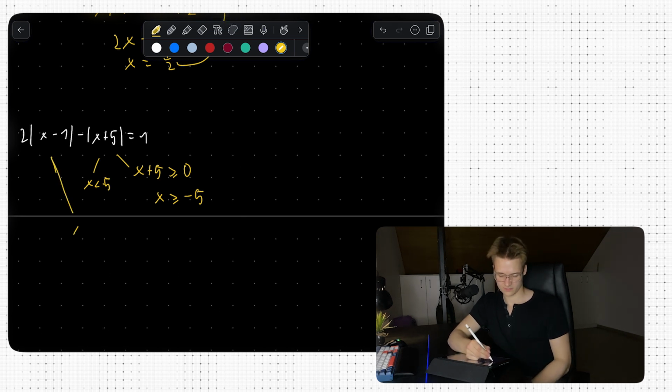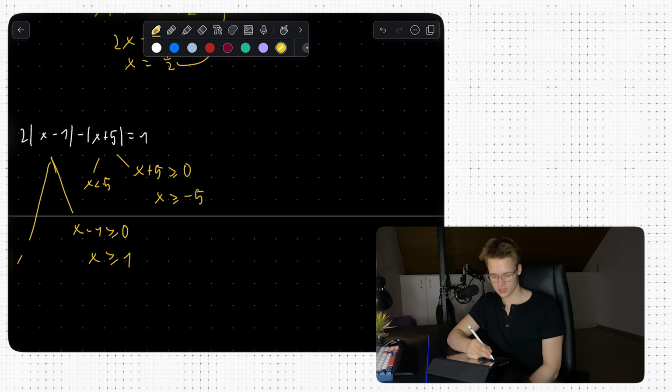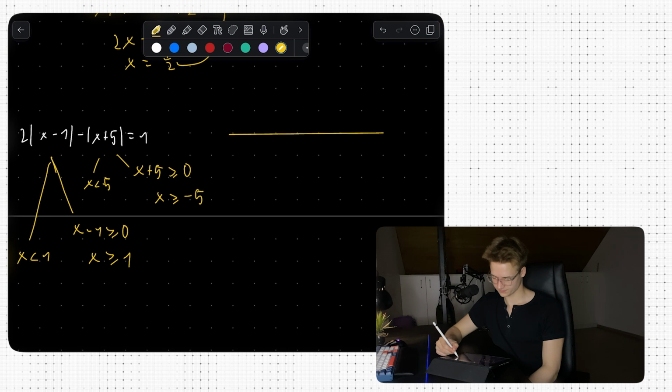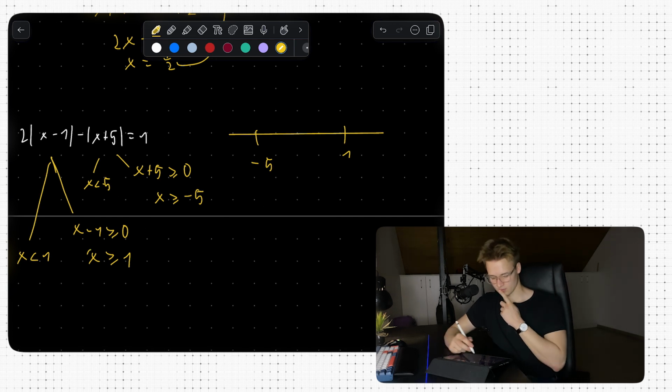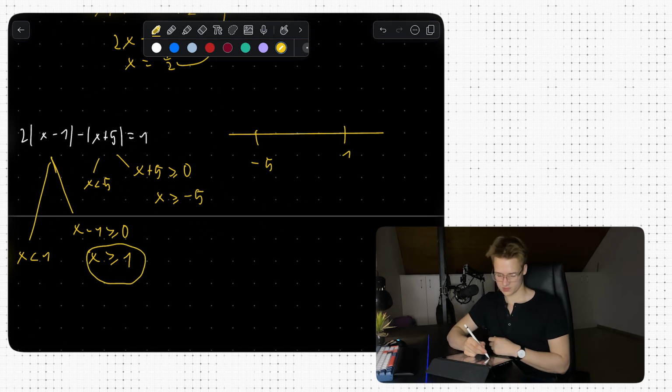Here we're going to have x minus 1 is greater than or equal to 0, x is greater than or equal to 1, and the other case is x is less than 1. You write them out here now. So we're going to have 1 here, minus 5 here.